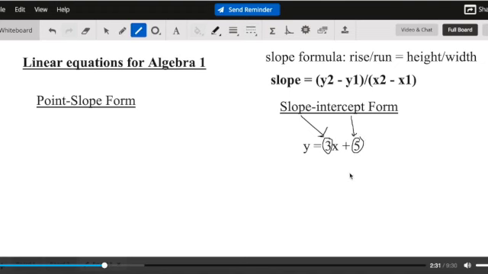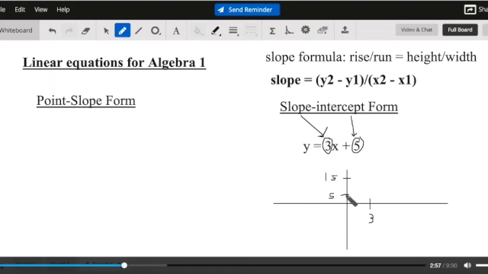Let's just pull up a graph right here. Let's say this is 5. This is 3. Well, let's make this 5 and this 15. That means your line is going to cross through 5, like this, and it's going to move 3 units over.